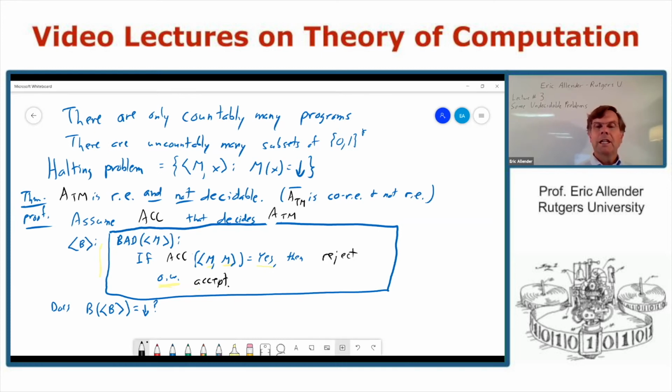And the question is now, is the encoding of B in the language accepted by that machine B?